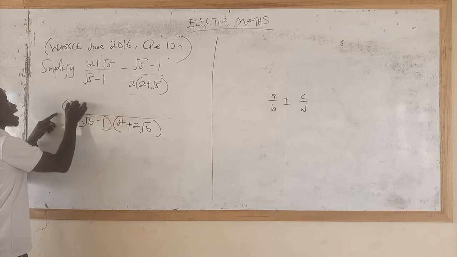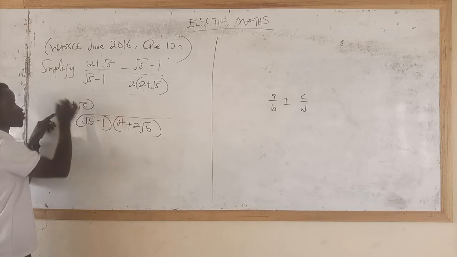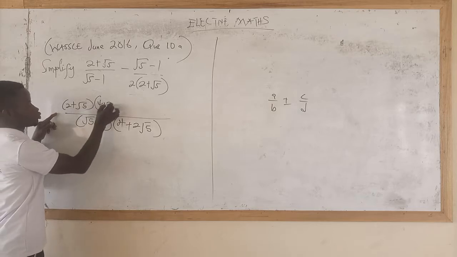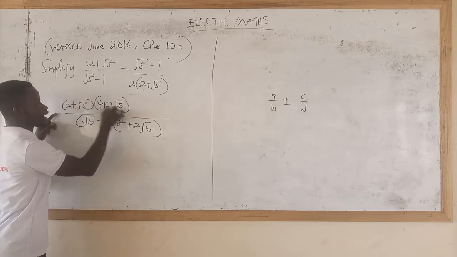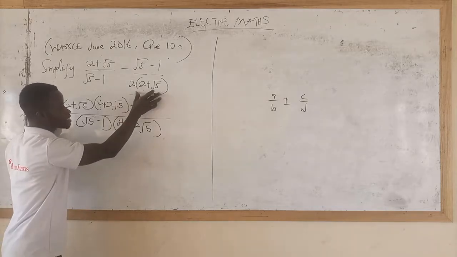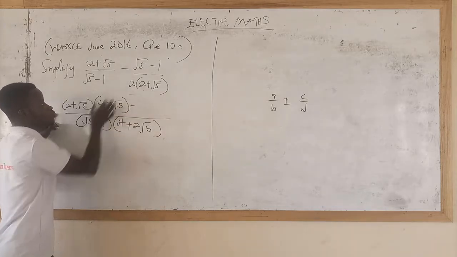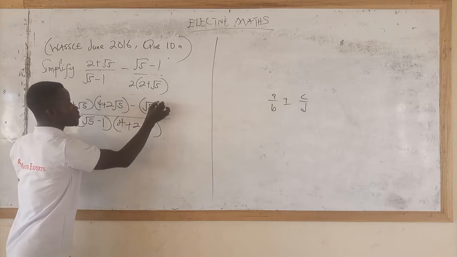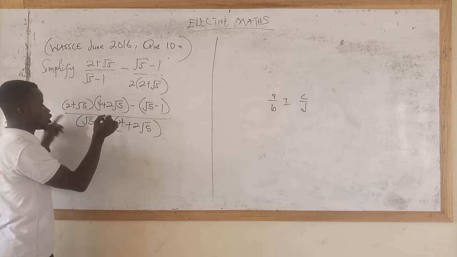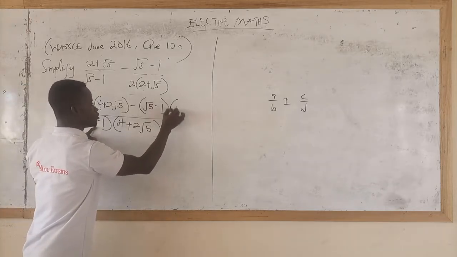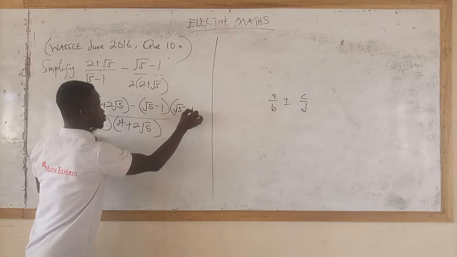So 2 plus square root of 5 will multiply 4 plus 2 square root of 5, minus this will also cancel this, so this will multiply this. So square root of 5 minus 1 will multiply square root of 5 minus 1.